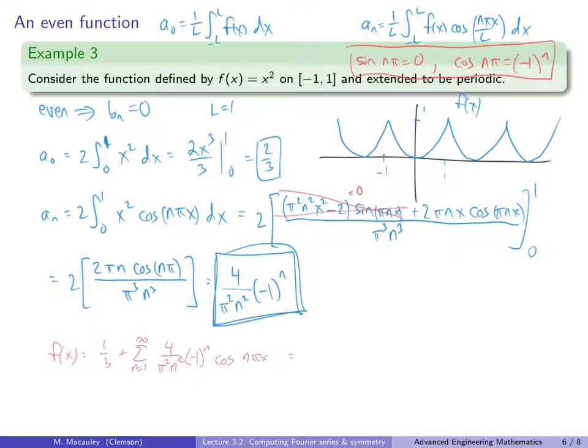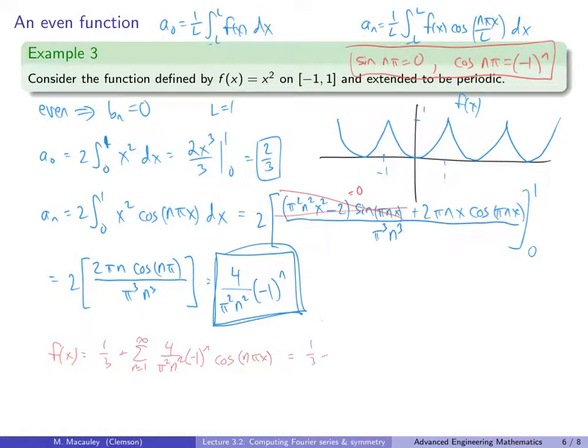If you want, you can write this as 1/3 plus, let's see, let's be careful here. So minus first, because when n equals 1, this is negative.